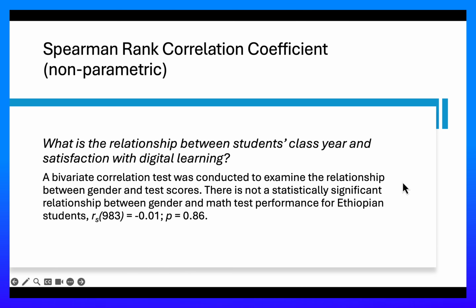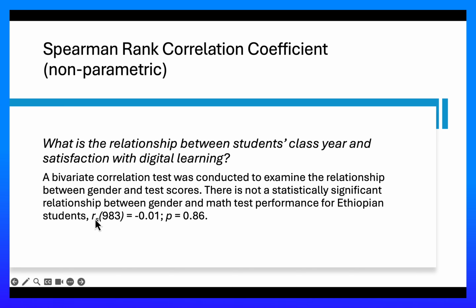More precisely, we would report our results like this. It's pretty much the same as how we reported our results for the Pearson correlation. However, one tiny but important difference is that R represents the correlation coefficient for both Pearson and Spearman.